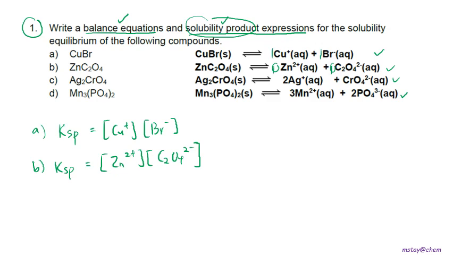Also, ZnC2O4 and CuBr do not appear in the Ksp expression because solids do not appear in the Ksp expression.